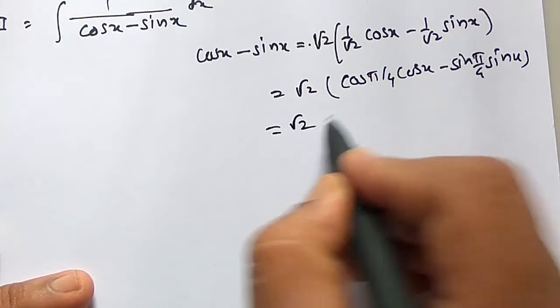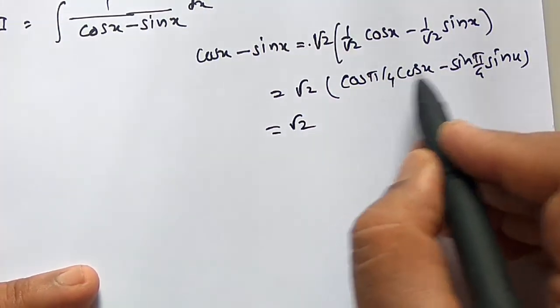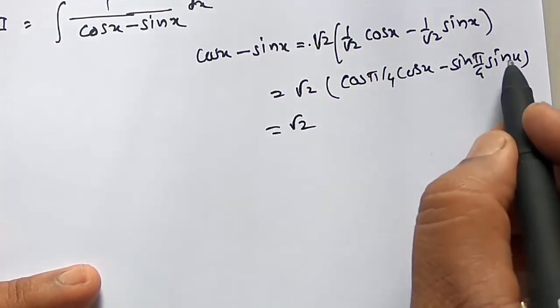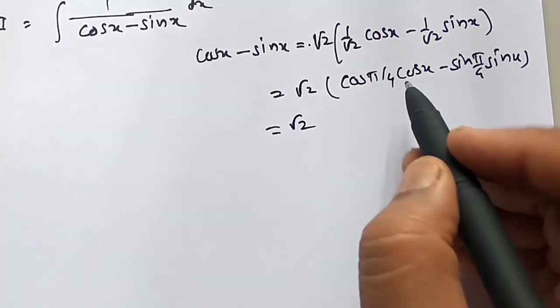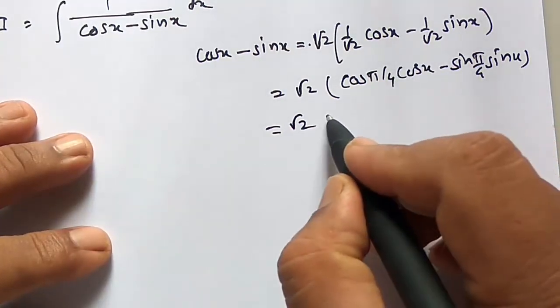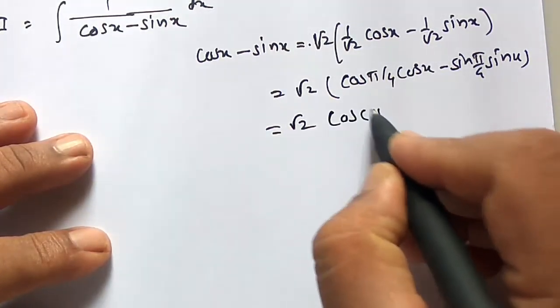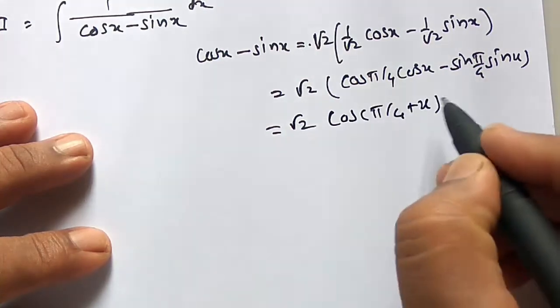Therefore, root 2, here cos a cos b minus sin a sin b is cos of a plus b. So it is equal to cos of pi by 4 plus x.